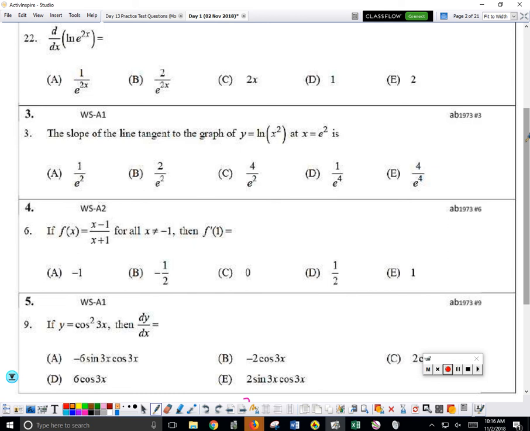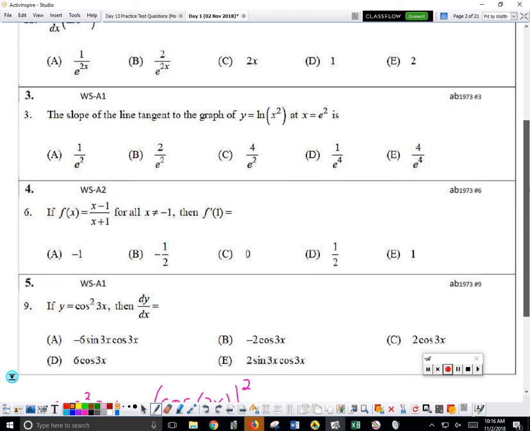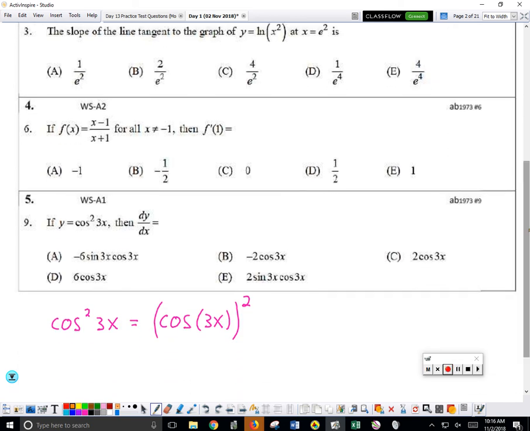Cool. Number 5. Number 5 does have something that people forget. I believe there was a test question that looked almost exactly like this, at least on one of the practice tests. You must have memorized that cosine squared of something really means this. For cosine cubed, this would be cubed.